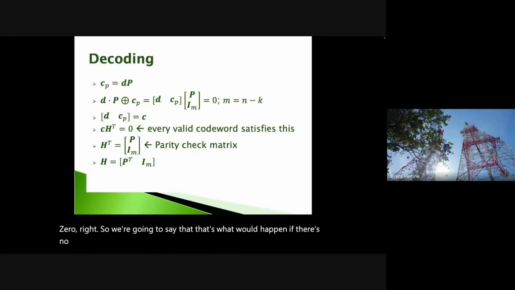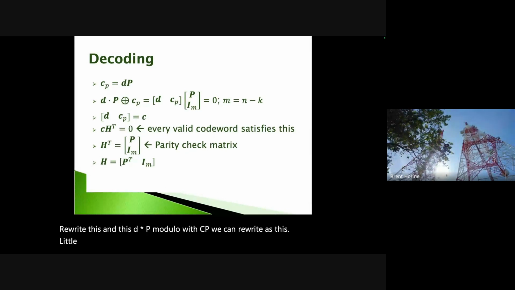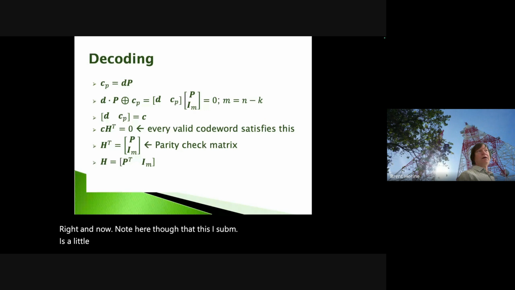So now we can just rewrite this, D times P moduloed with C_P, as this little vector matrix multiplication, right? So we'd have D times P plus C times I_M is equal to 0, right? And now note here, though, that this I sub M is a different dimension than that previous identity matrix.